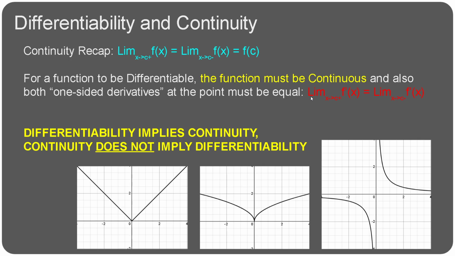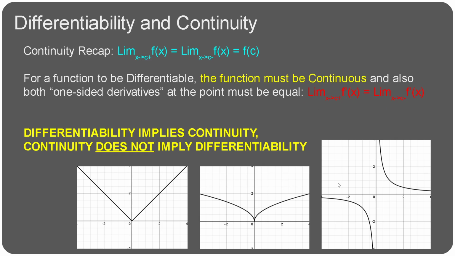Because you fail this condition right here, that the left derivative and the right derivative do not match, you can't differentiate the absolute value of x at the vertex point. You can't differentiate that. And this is the same reason right here. You can't differentiate when it comes to a point, because once again, you fail this condition.